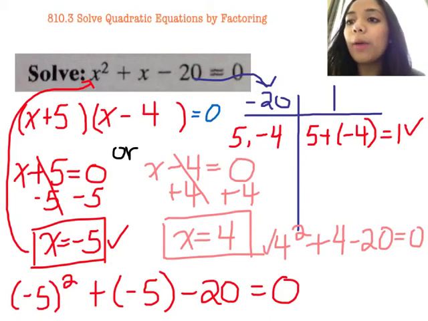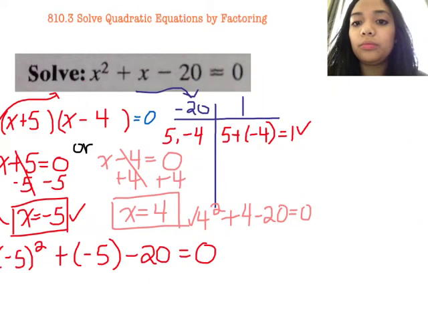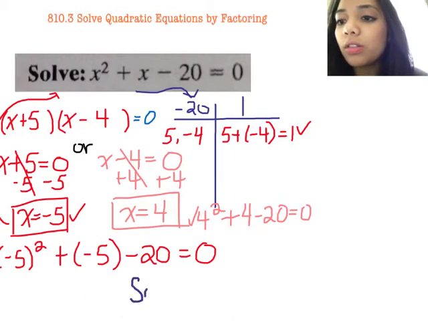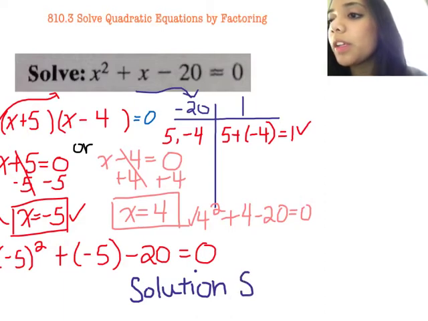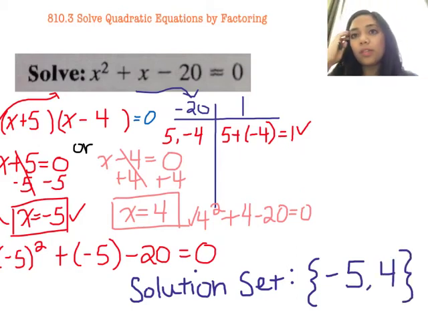So I would write my solution set. If one of them worked and one of them didn't work, then you would write only the one that worked. Negative 5, 4.